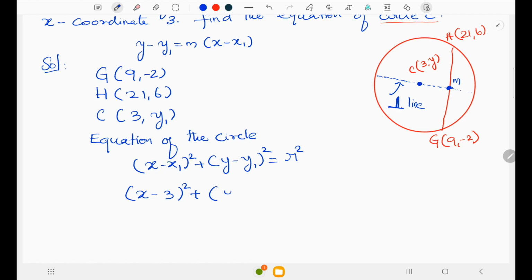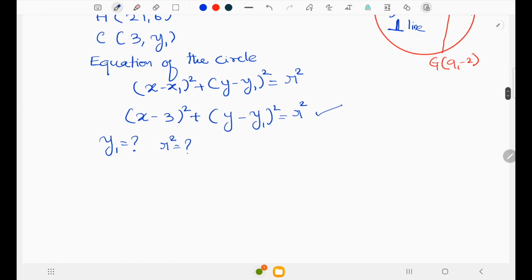Plus (y minus y1) squared, but y1 is missing, and r is missing also. So if we want to find this equation of circle, two things are missing: first, y1 is missing, and second, r square is missing. We need to find these two.